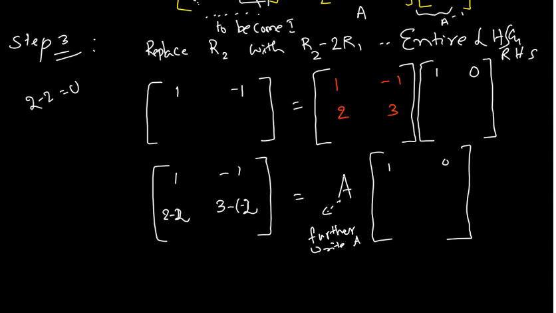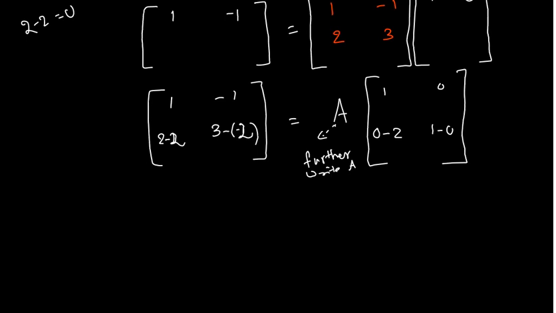This is what I have done on the left side. On the right side, here it was 0, so I'll have 0 minus 2, and here it was 1. Therefore I'll have 1 minus 0. Have you understood this? Yes.